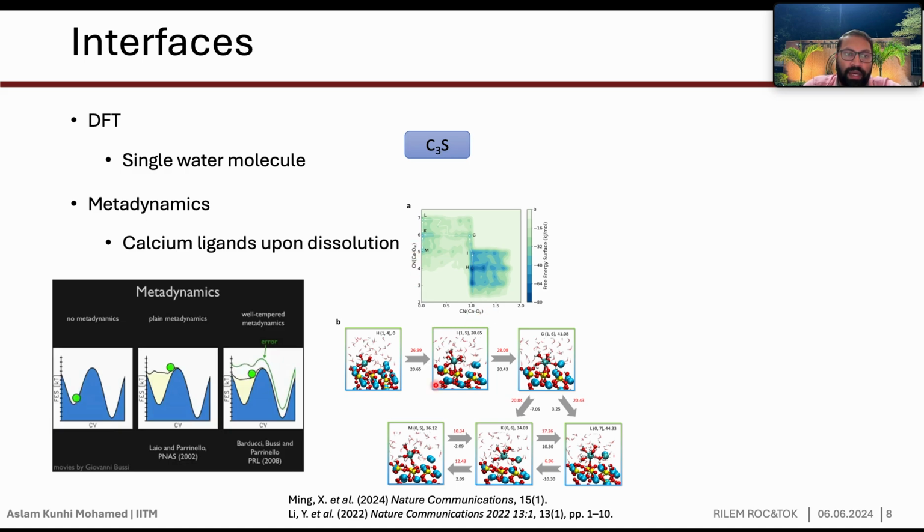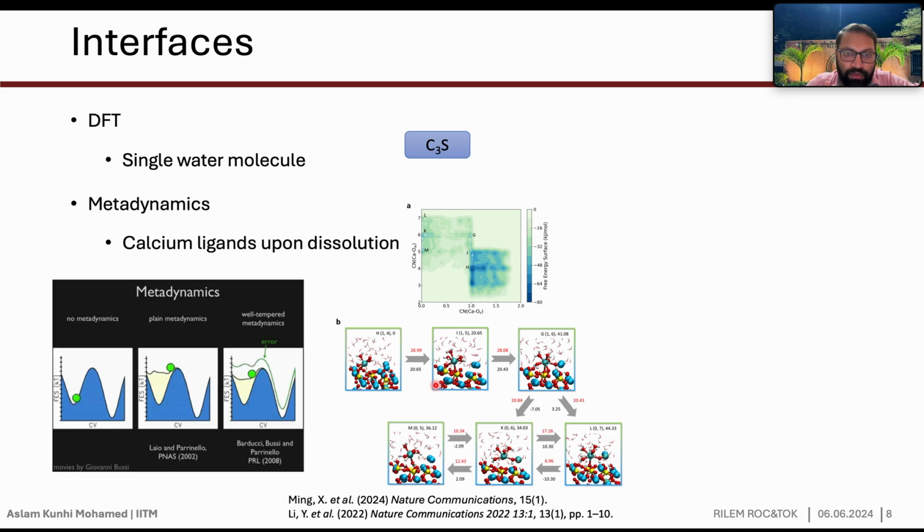So you bias a simulation along this by giving packets of energy along the simulation to push the system to sample configurations that it normally wouldn't go to. From what you actually put in, you can back calculate how much energy you have put in when it explores these different configurations.